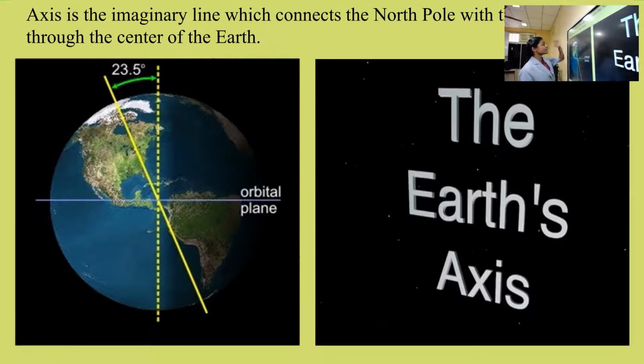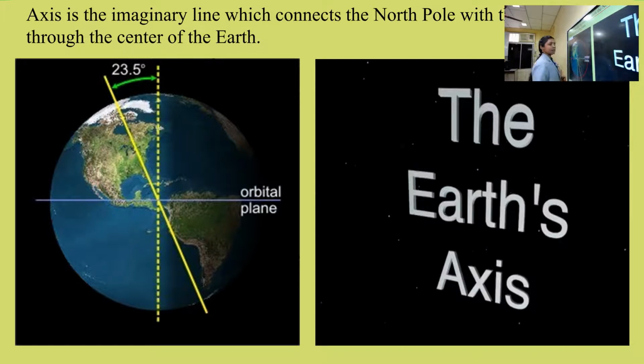So here, what is an axis? It is the imaginary line which connects the North Pole with the South Pole through the center of the Earth. This is the spherical shape of the Earth.